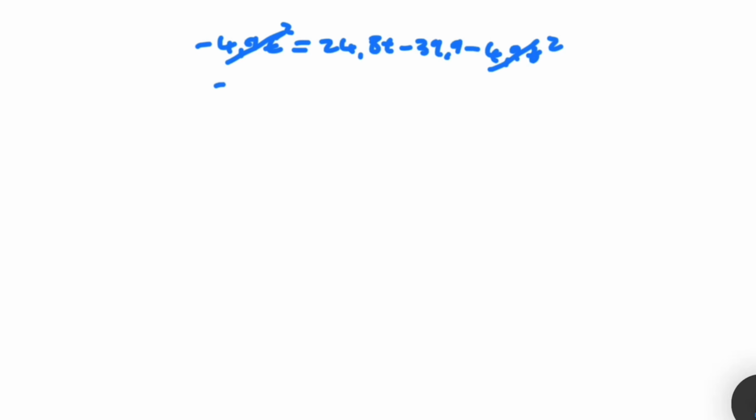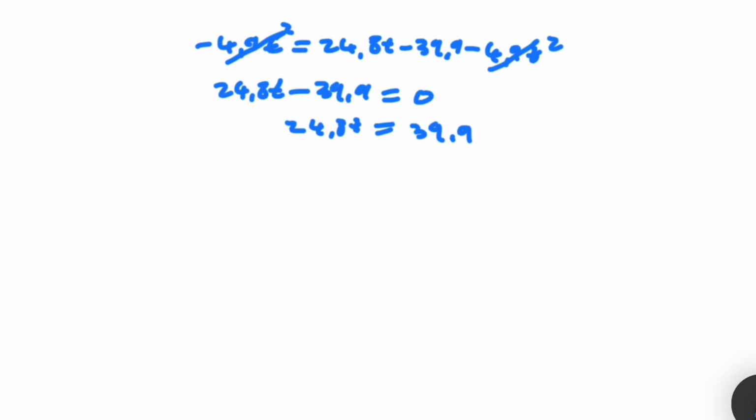So we're going to have 24.8t minus 39.9 being equal to 0. So 24.8t is equal to 39.9. If we divide both sides by 24.8, so let me just go ahead and do that, we're going to have 1.61 seconds.